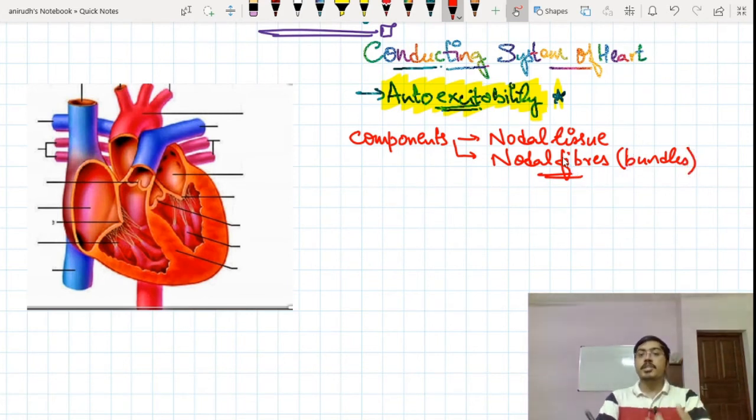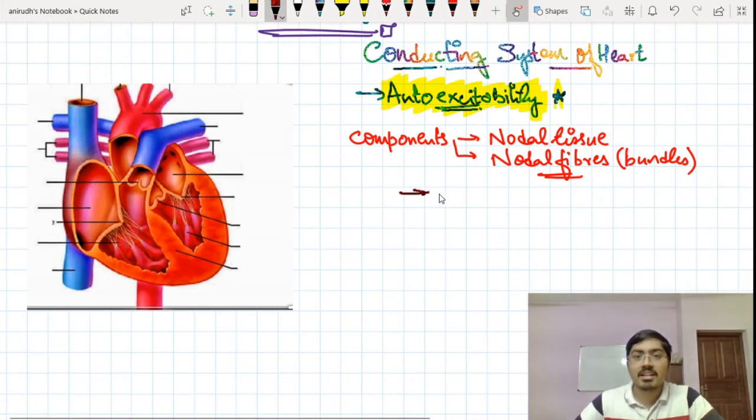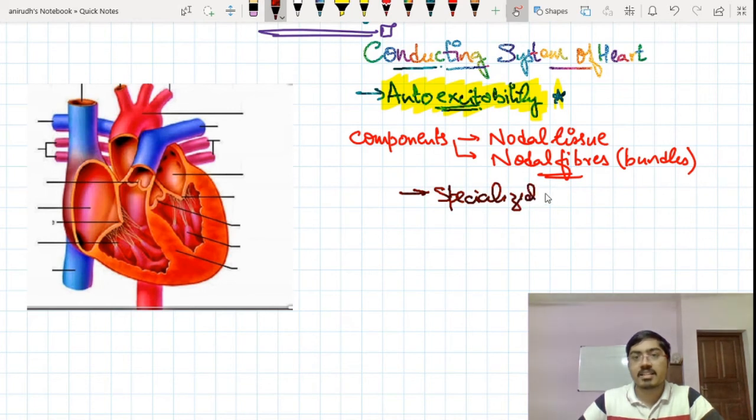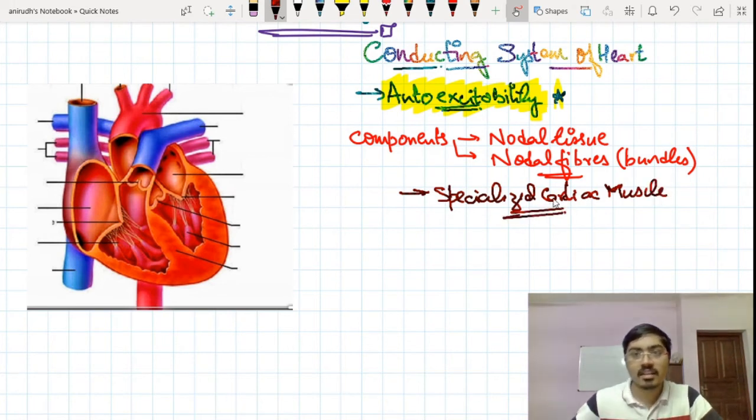Okay, so nodal tissue are certain specialized cardiac tissue. See, both nodal tissue and nodal fibers are specialized cardiac muscle. They are cardiac muscle, but they have some speciality. So you will call them specialized cardiac muscle. Let me write that also here. So these are specialized cardiac tissue, cardiac muscle.